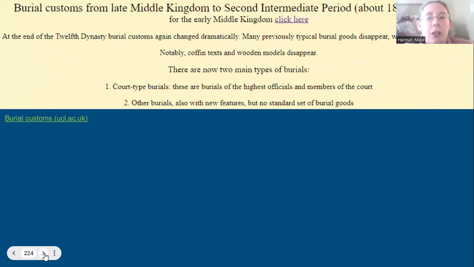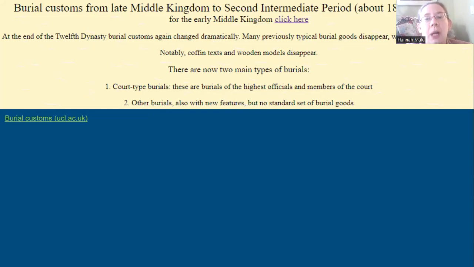So in terms of burial customs, when you get to the late Middle Kingdom, so roughly towards the end of the 12th dynasty, we have coffin texts, which were sort of the next evolution of funerary text, disappear. We also have wooden models, which you see in earlier Middle Kingdom burials.